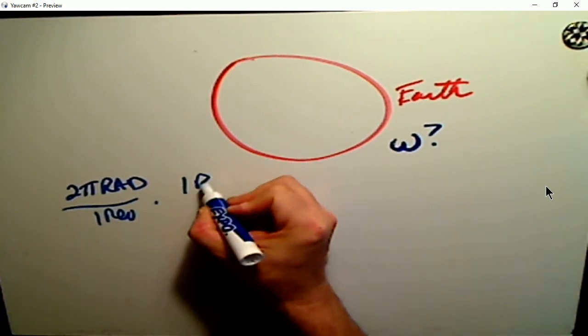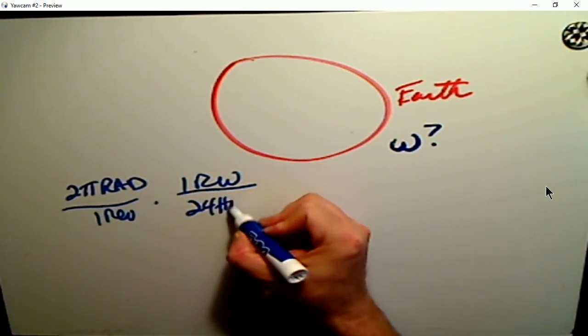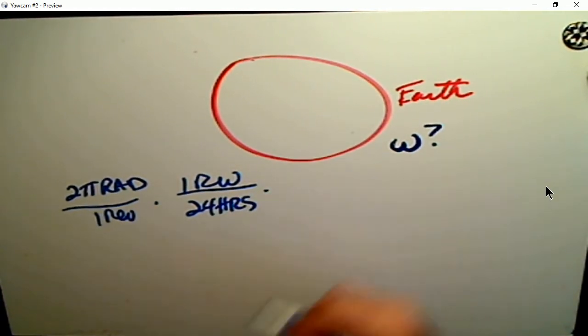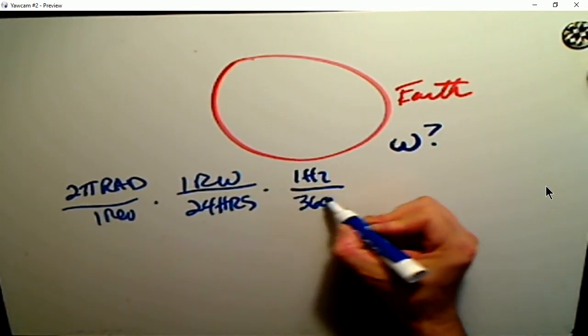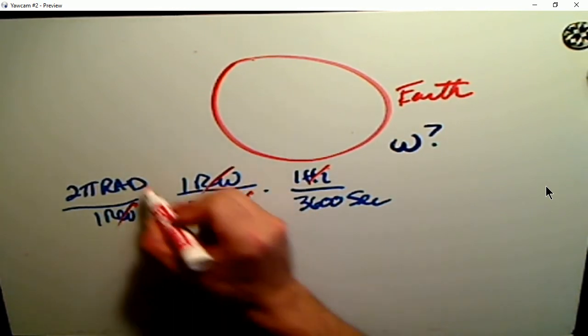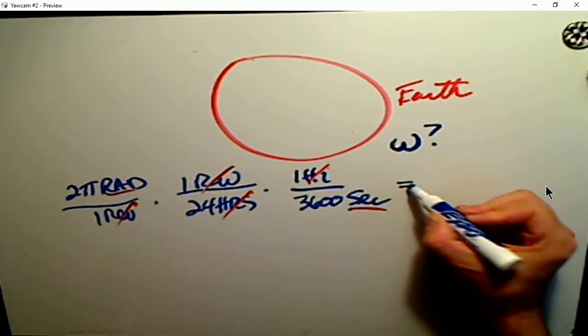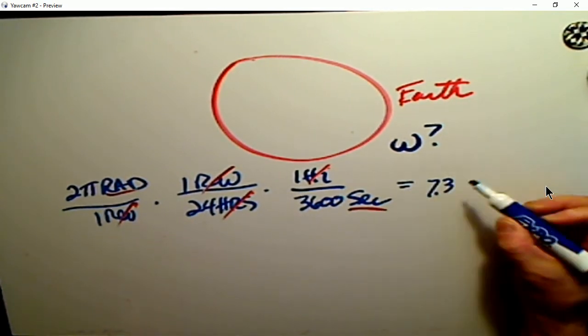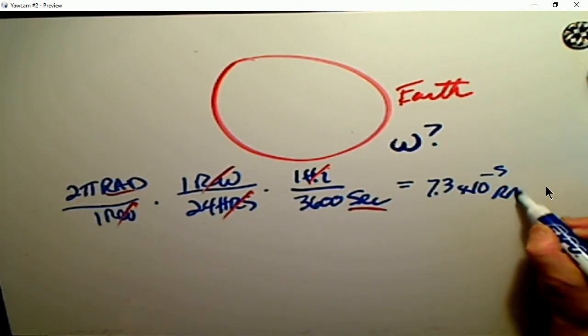One revolution, of course, every 24 hours. And 1 hour is equal to 3,600 seconds. So as you can see here, the hours cancel, the revs cancel, and I'm still left with rads per second, which is the omega, just something like 7.3 times 10 to the negative 5th rads per second.